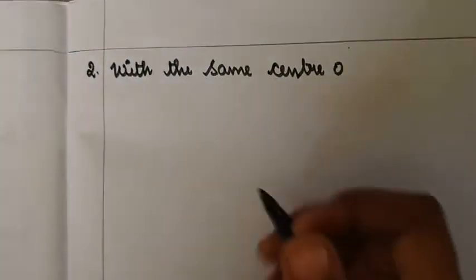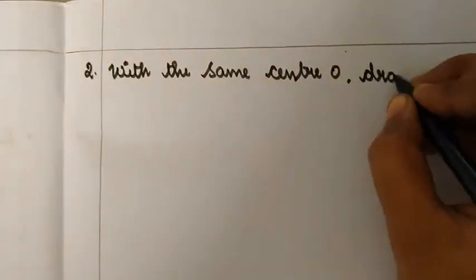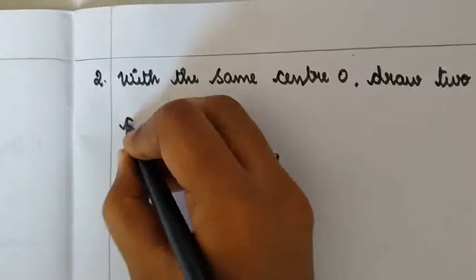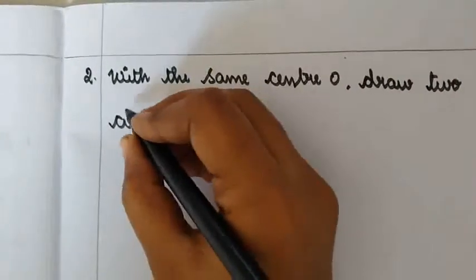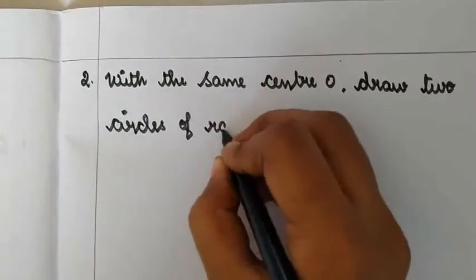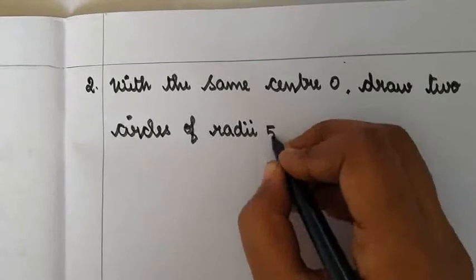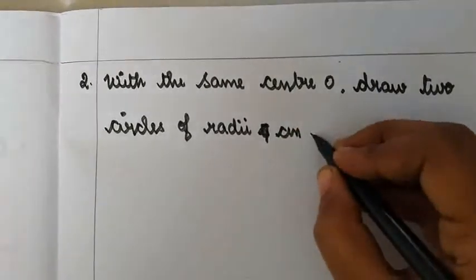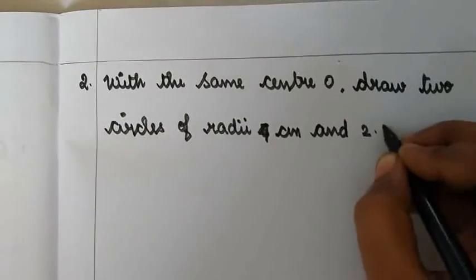Write the second question: with the same center O, draw two circles of radii 5 centimeter, not 5 centimeter, 4 centimeter and 2.5 centimeter.